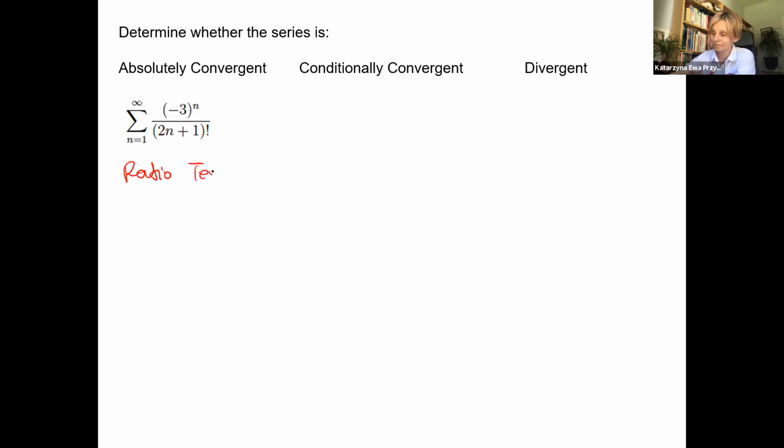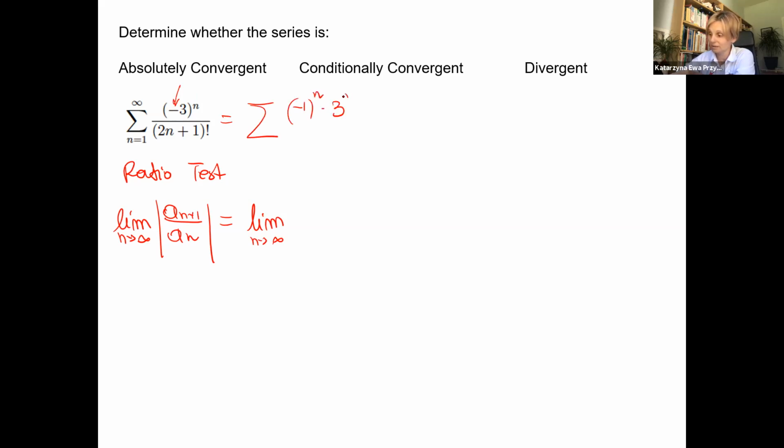Okay, ratio test. We need a ratio, I mean the limit of a sub n plus 1 over a sub n, absolute value. Yeah, absolute value will definitely help, because this we can rewrite as a negative 1 to the n and 3 to the n.